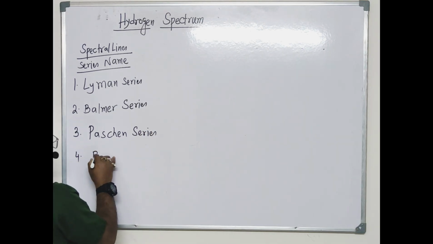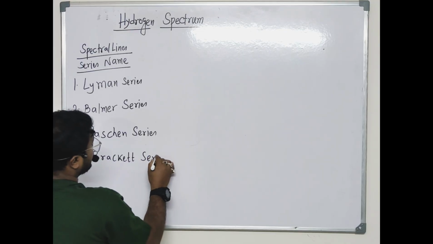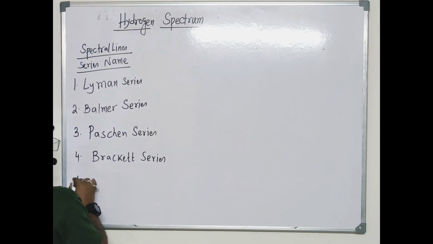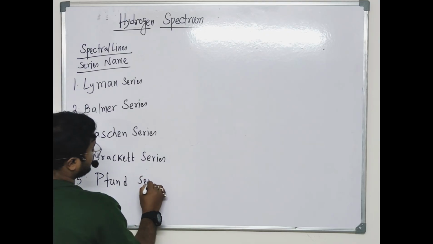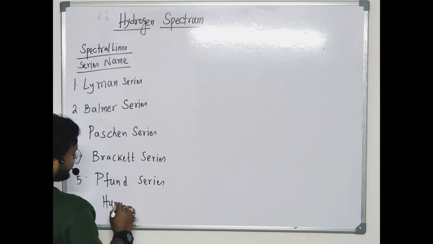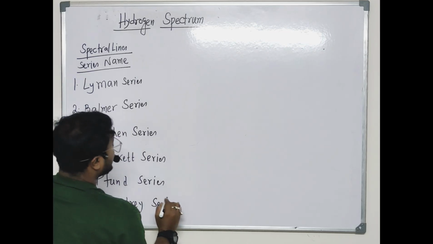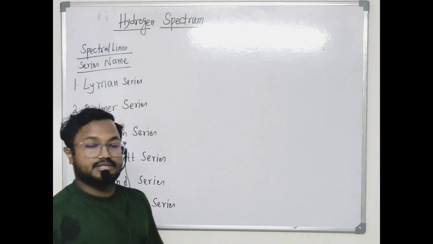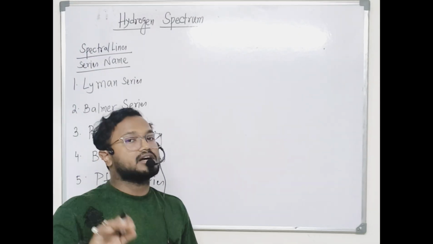Fourth, the Brackett series. Fifth one is the Pfund series. And sixth one is named the Humphreys series. So there are basically a total of 6 series: Lyman, Balmer, Paschen, Brackett, Pfund and Humphreys.